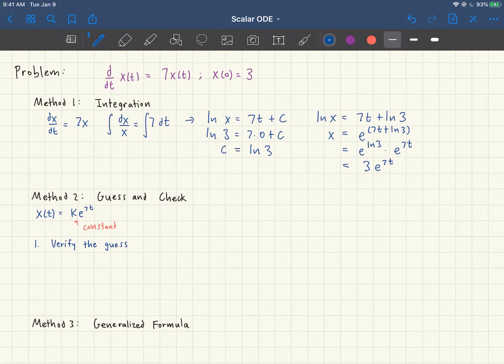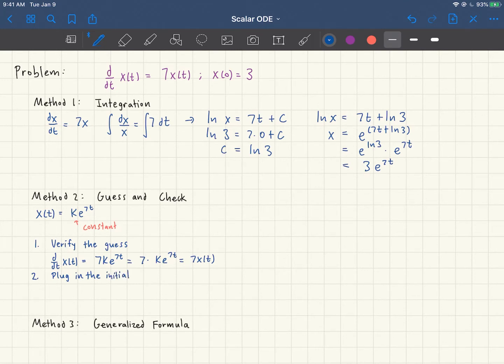The way we verify the guess is by saying, given this x of t equal to k e to the 7t, we just take the derivative. That will be 7k e to the 7t, which is just equal to 7 times k e to the 7t, which is indeed 7x of t. So now we've shown the guess actually works. The next thing we do is plug in the initial condition.